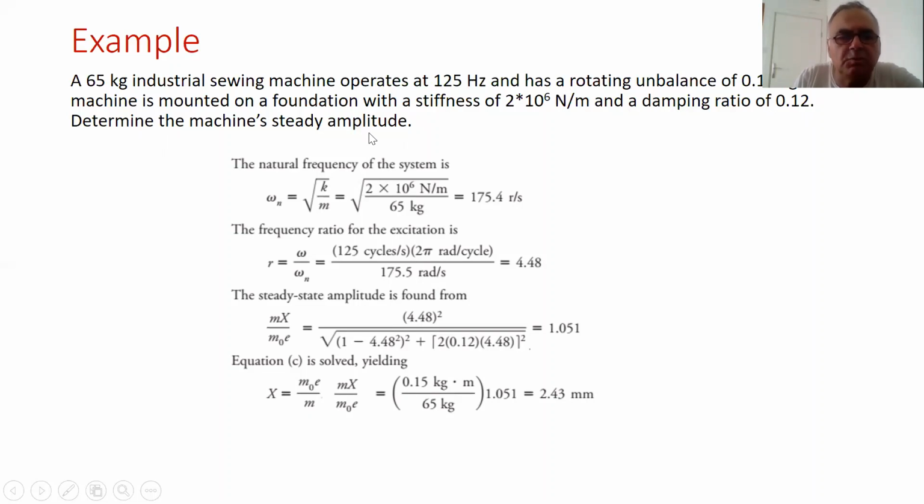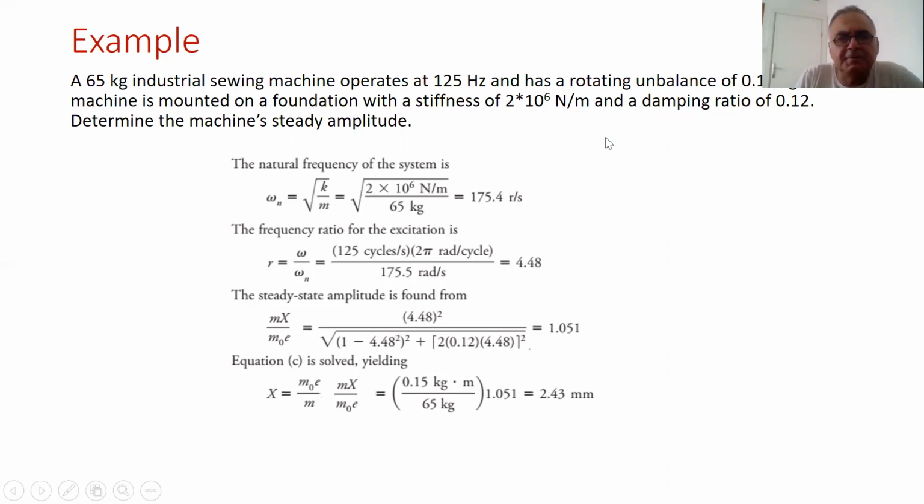So we want to determine how much the amplitude of the machine is. We start by finding the natural frequency of the system, which is the square root of k over m. If you find it, it is 175.4 radians per second.